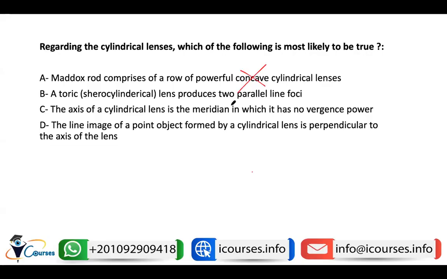A toric lens will produce two line foci, which are perpendicular to each other. The axis of the cylindrical lens is the meridian which has no divergence power. We mentioned before that this is the correct answer.